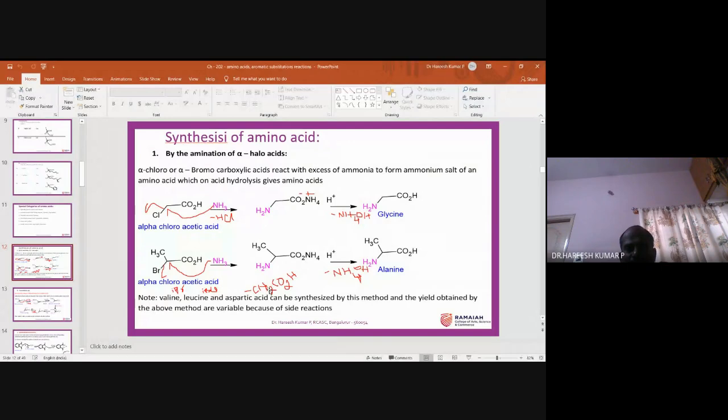We also discussed synthesis of amino acids starting with an alpha halo acid. This alpha halo acid on amination gives an ammonium salt, and then hydrolysis of the ammonium salt gives the amino acid.